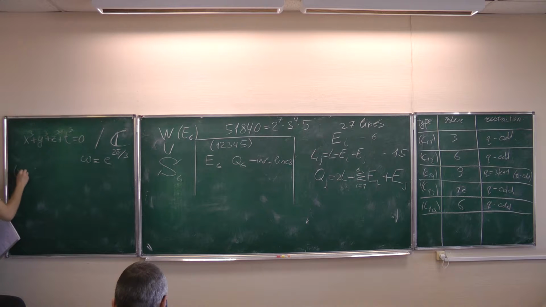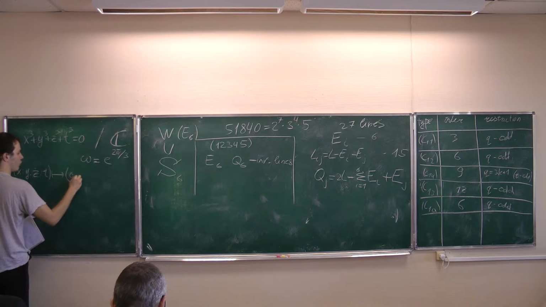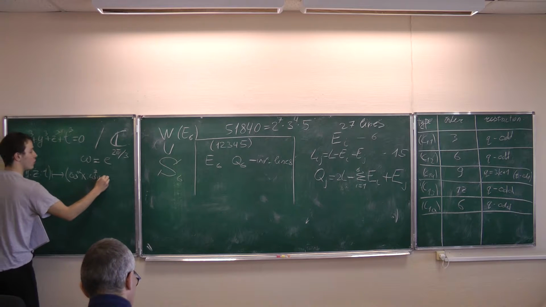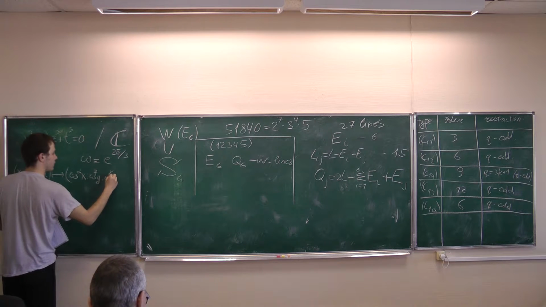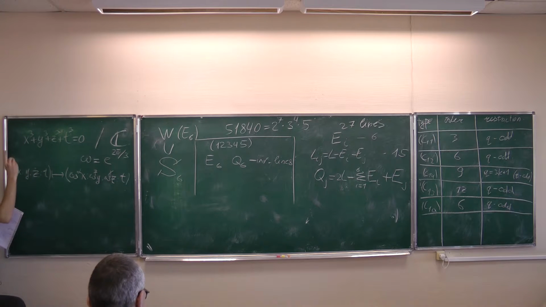Well, we can map x, y, z, t to omega^alpha x, omega^beta y, omega^gamma z, t. And one more transformation of order 3, it's just a permutation of 3 variables.